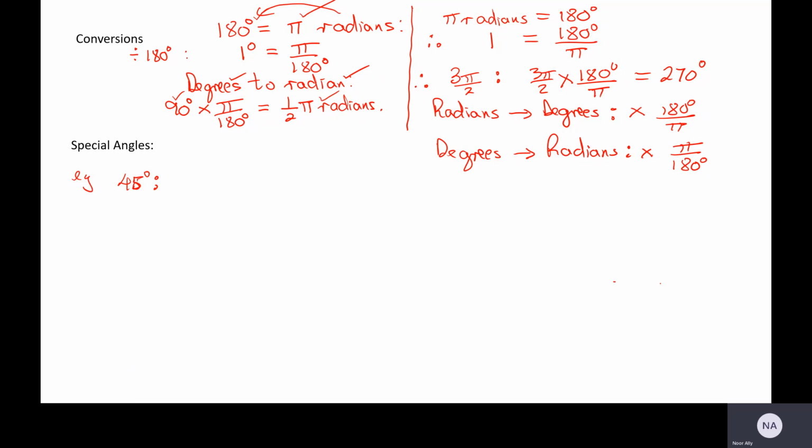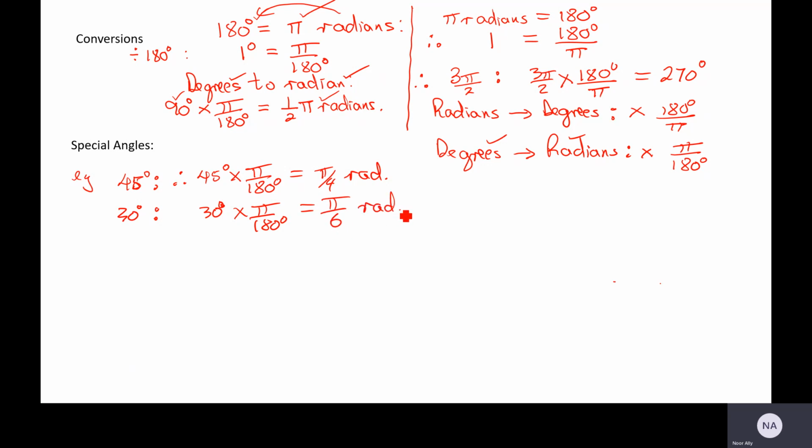So all I have to do, going from degrees to radians, is multiply by pi over 180 degrees, simplify, and what do you get? Pi over 4 radians. 30 degrees, multiply 30 by pi over 180. Simplify, pi divided by 6 radians.